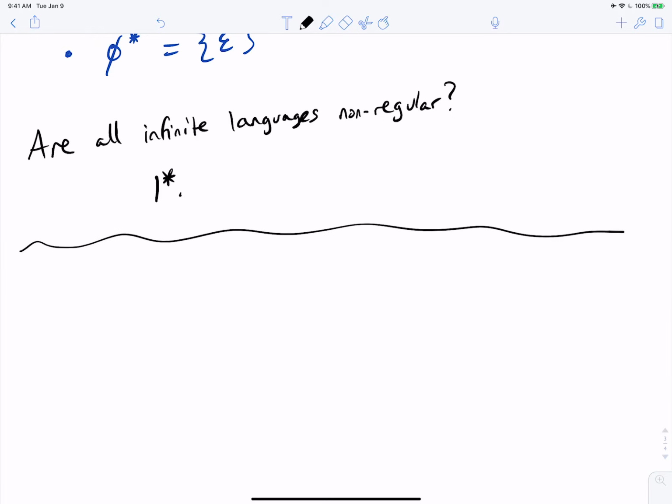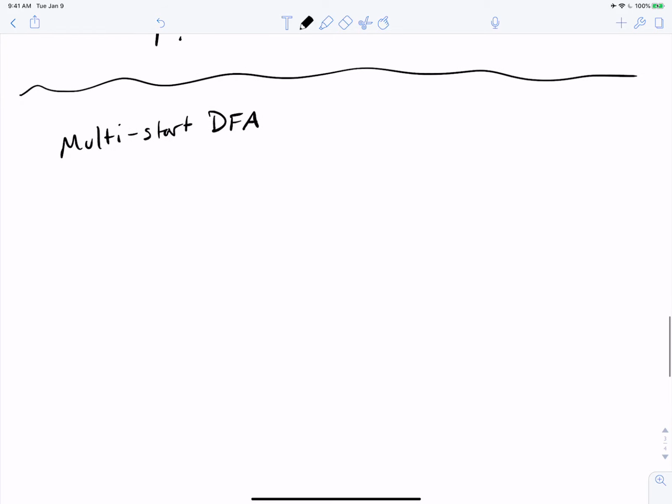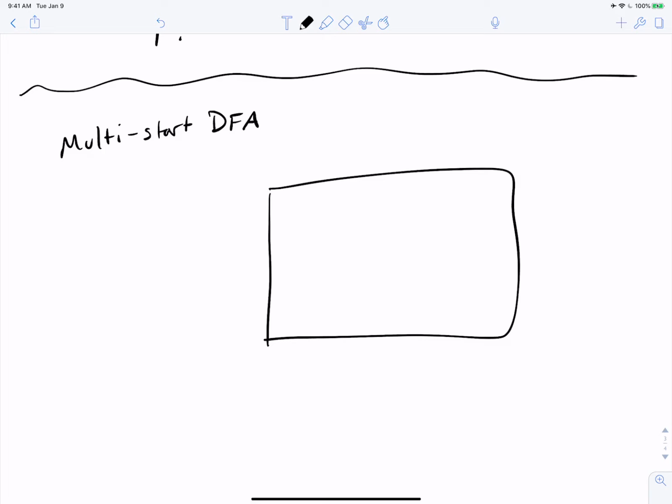So the way that I have called this in prior classes is a multi-start DFA. The idea is, if this is our DFA, and let's just say that we have some set of states right here, then what I can have in this model is multiple states that you can start at.